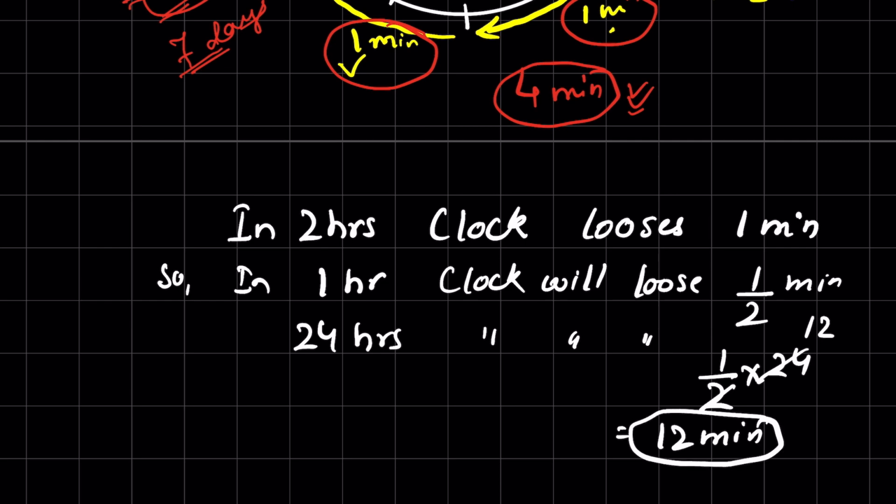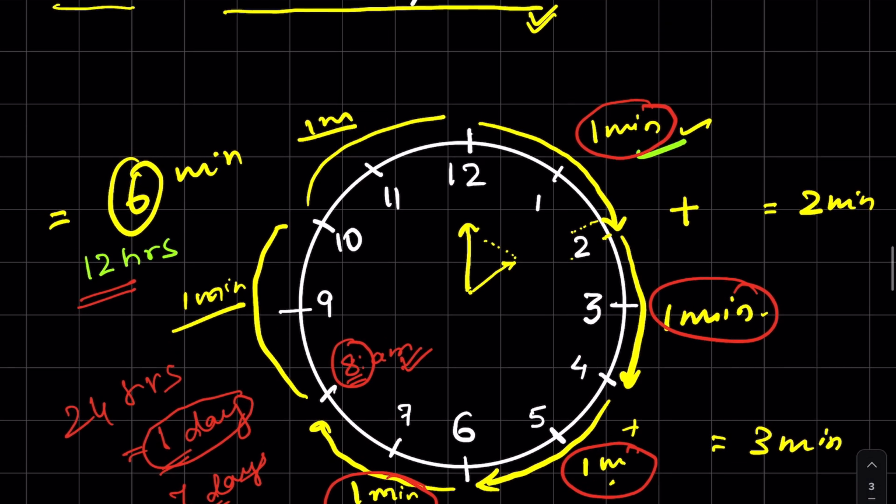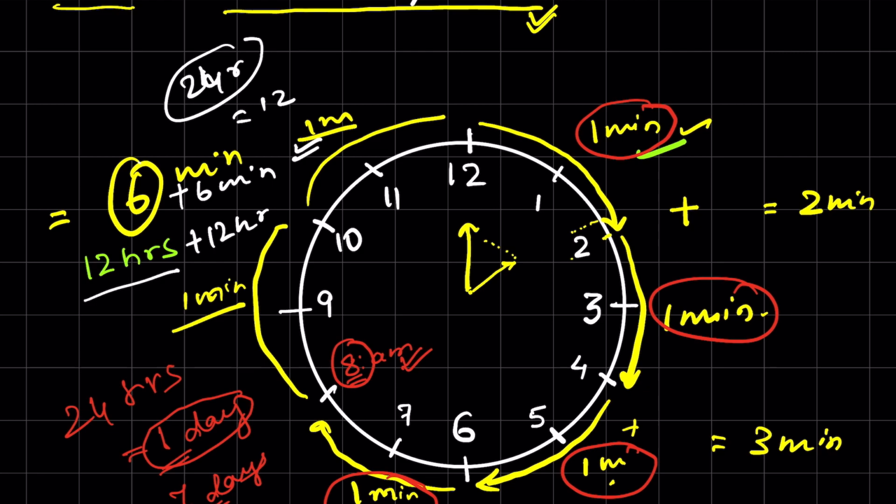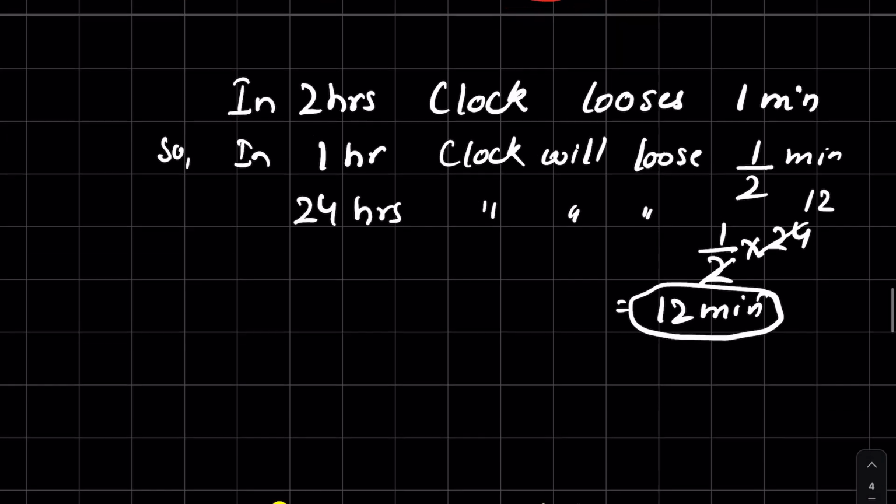So this 12 minutes we can also calculate from here. In 12 hours, the clock is losing 6 minutes. So 12 plus 12 hours will mean 6 plus 6 minutes loss, equal to 12 minutes. That means in 24 hours, the clock loses 12 minutes.